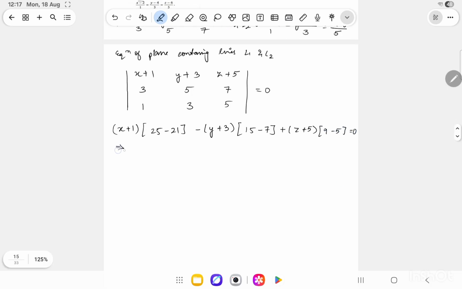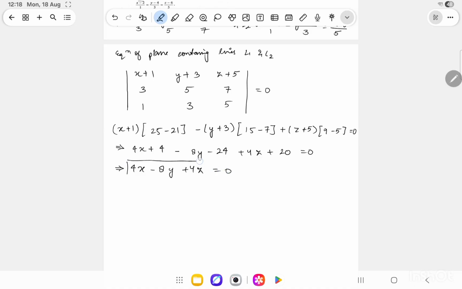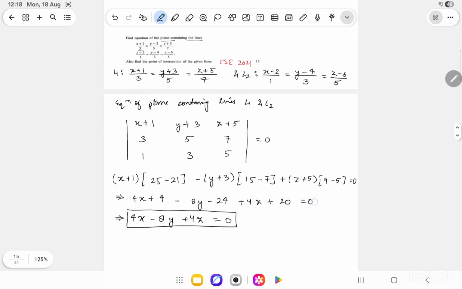If I simplify it, I'll get 4x plus 4 minus 8y minus 24 plus 4z plus 20 equals 0. On further simplifying, I'll get 4x minus 8y plus 4z equals 0. This is my required equation of the plane passing through the given lines L1 and L2.